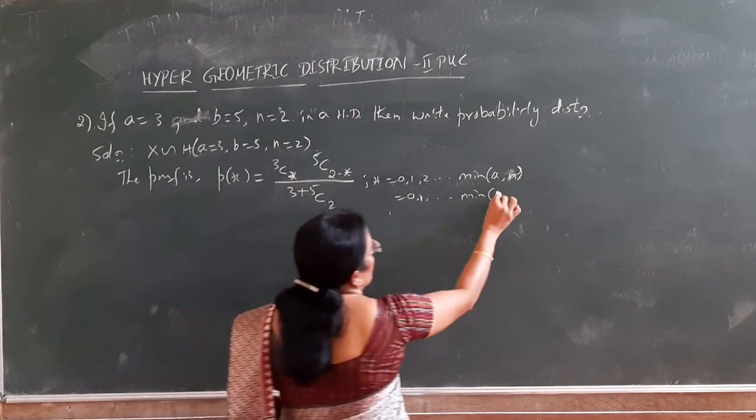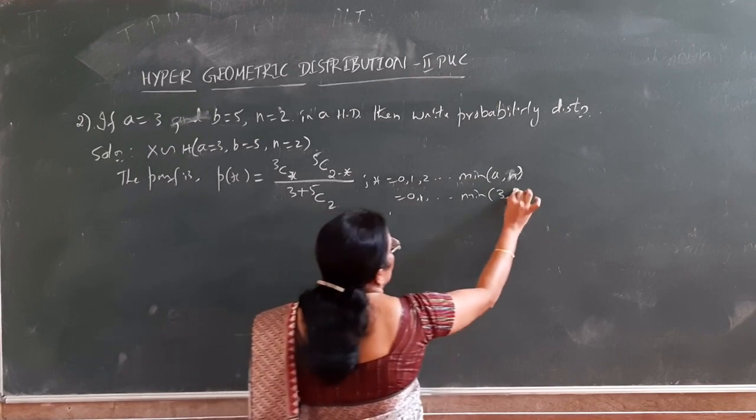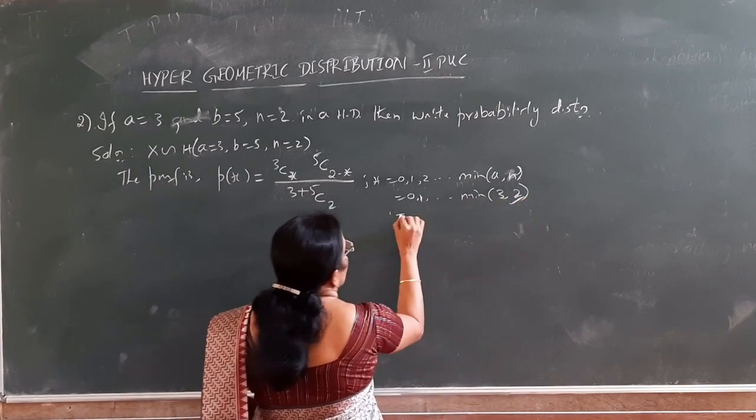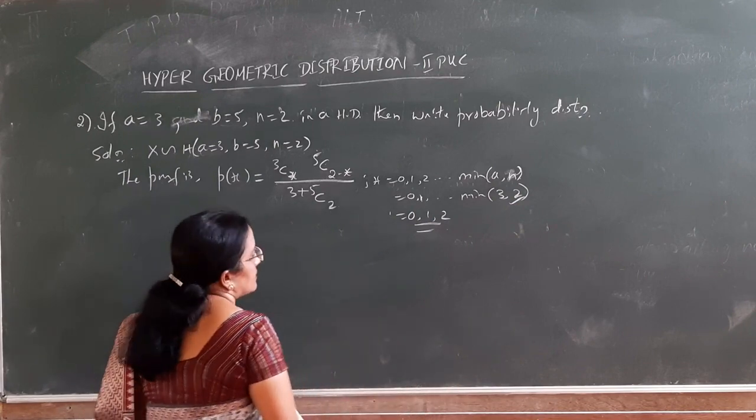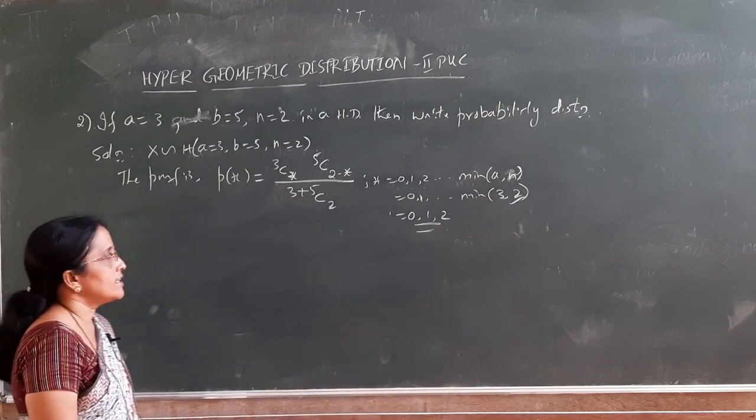A is 3, n is 2. So which is minimum? 2 is minimum. So we can write 0, 1, 2. Only 3 values x will take.